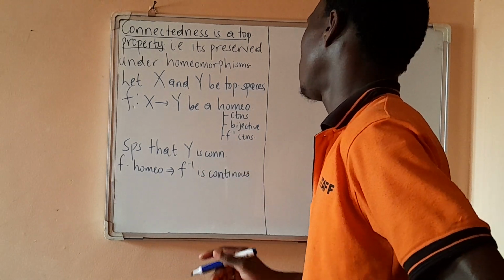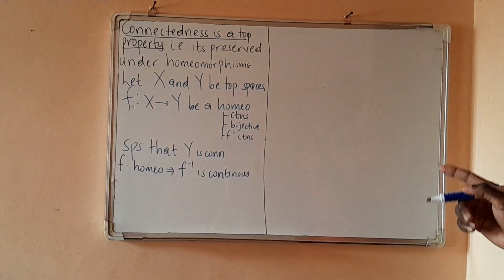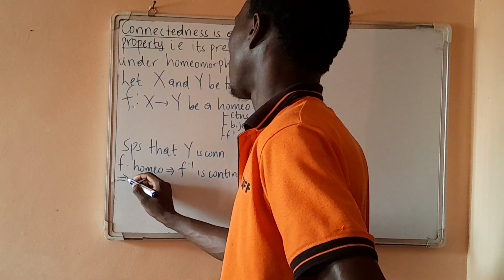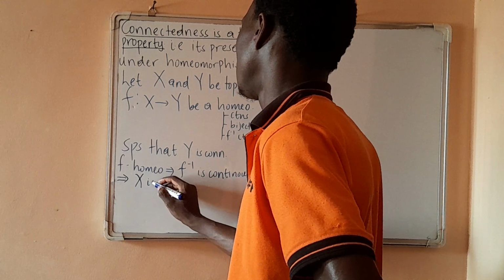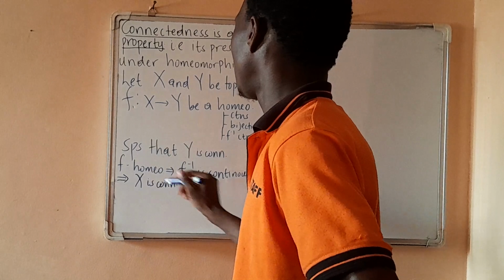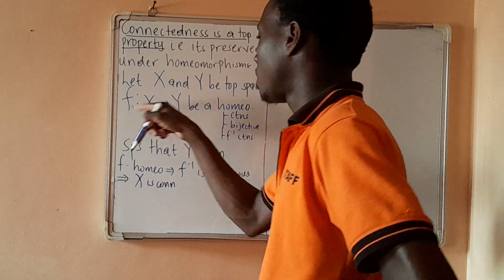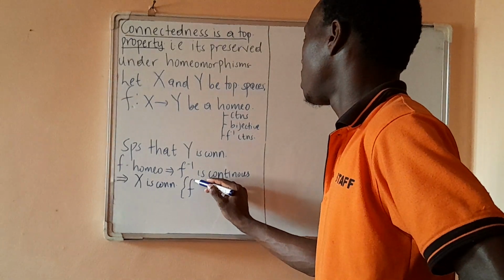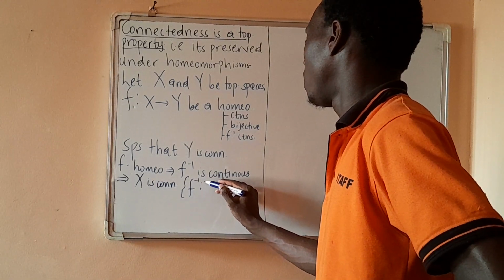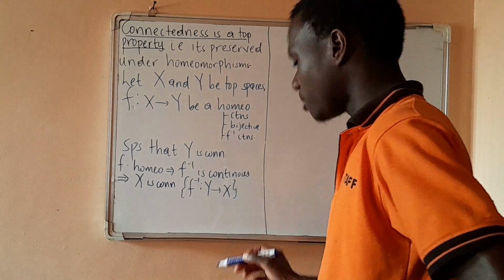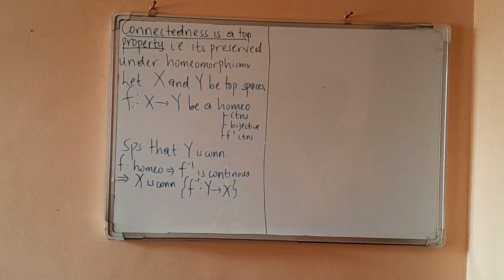Observe that f inverse is the one which takes Y to X. It maps Y to X. So we want to show that X is connected.